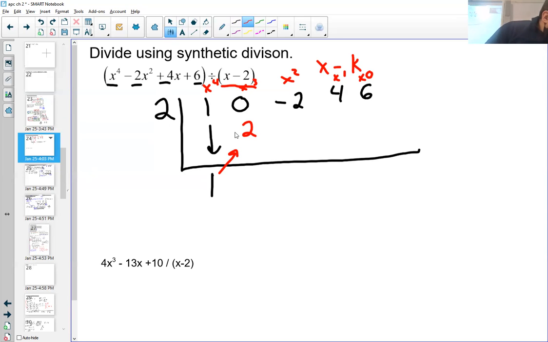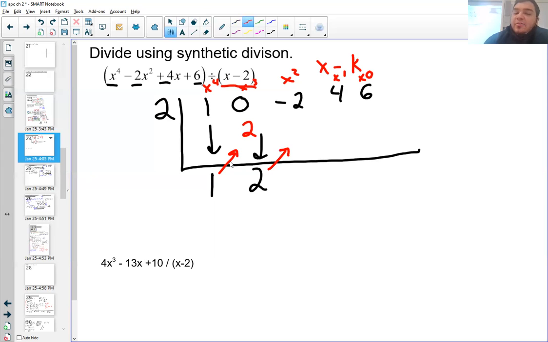Let me just check real quick. No, you add. So you're going to add down. So 2 plus 0, 1 times 2 is 2. So you're going to add 0 plus 2 is 2.